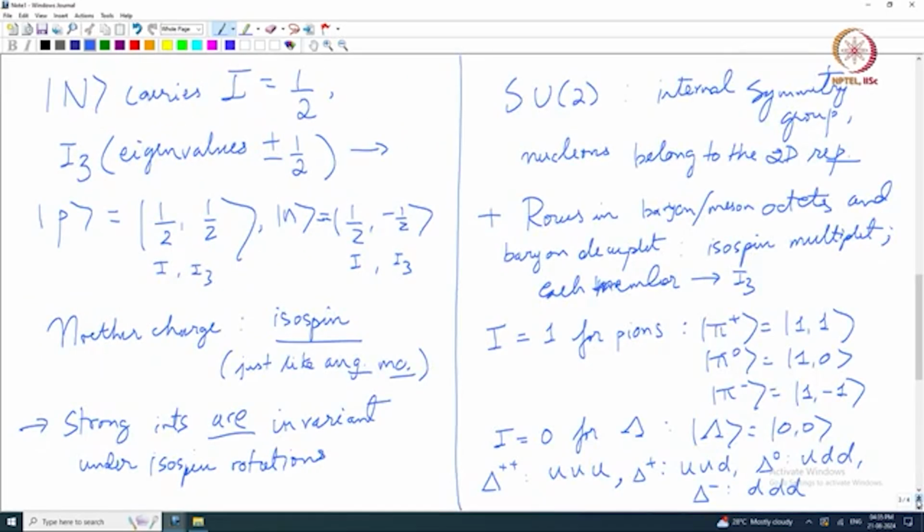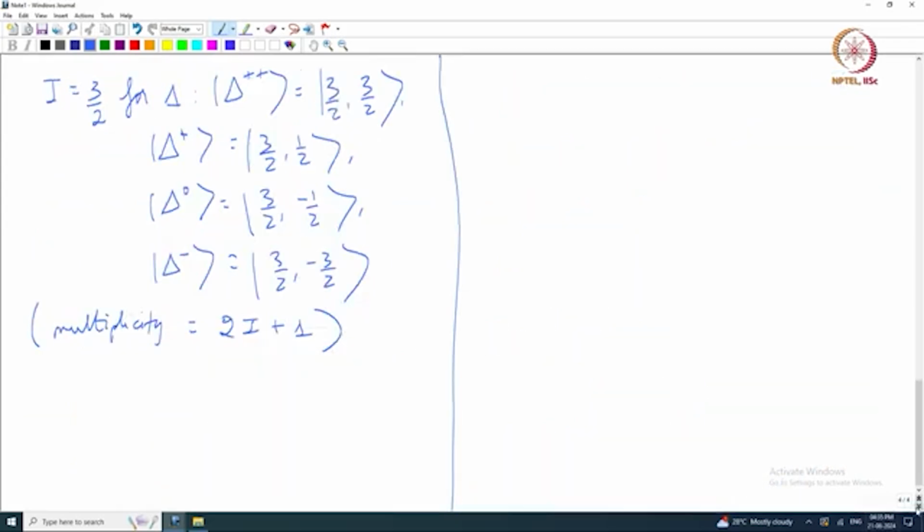I have also written one for the lambda baryon, which contains an S quark, right. So, lambda baryon is basically a UDS. Okay. But some of these are mesons, some of these are baryons, some of these contain the strange quark and so on, right. So, there seems to be some pattern among them, and this formula basically tells you exactly what that pattern is.